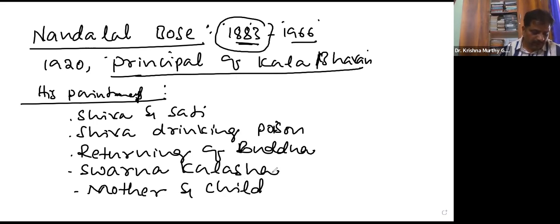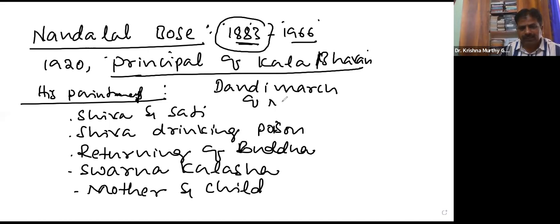So these are the major important developments. Another important painting of his is called the Dandi March painting of Mahatma Gandhi ji. Dandi March of M.K. Gandhi, beautifully painted by Nandalal Bose.